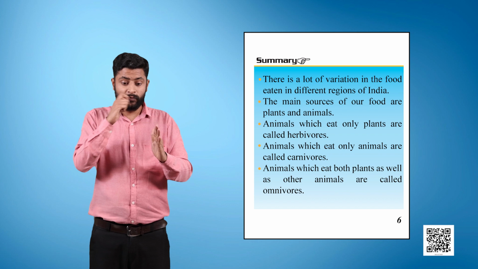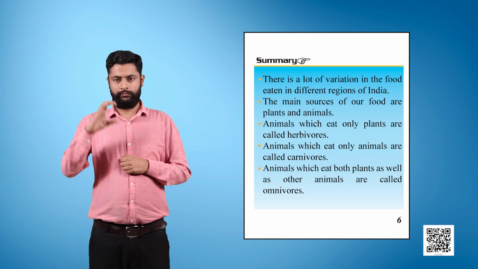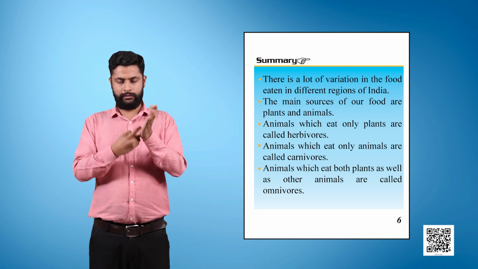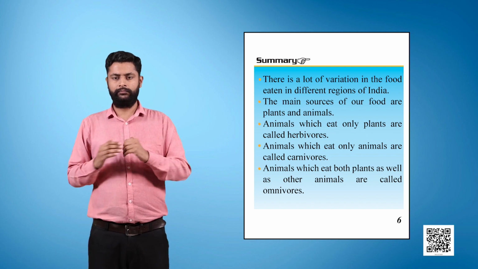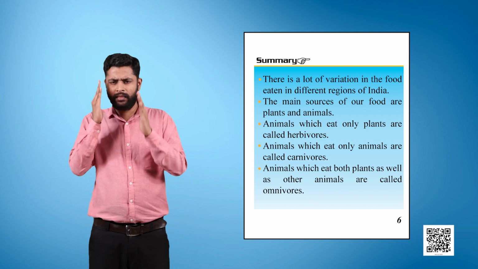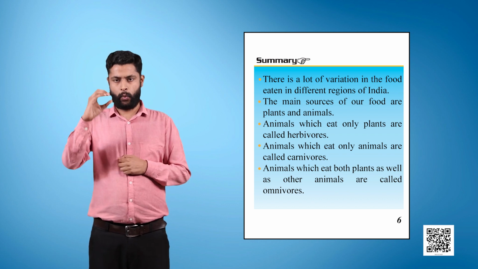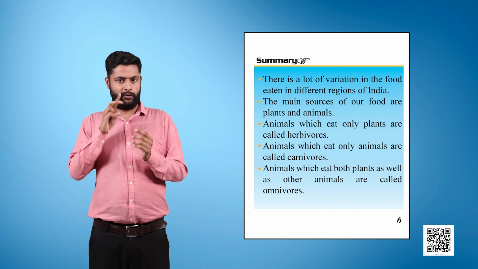Animals which eat only animals are called carnivores. Animals which eat both plants as well as other animals are called omnivores.